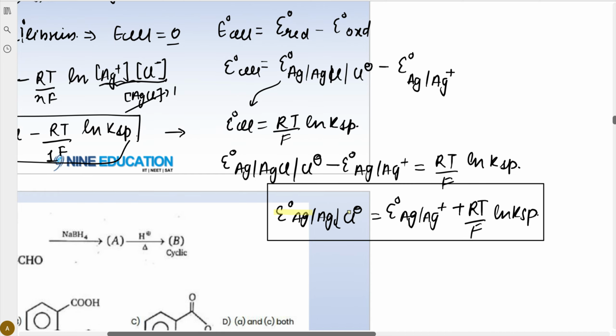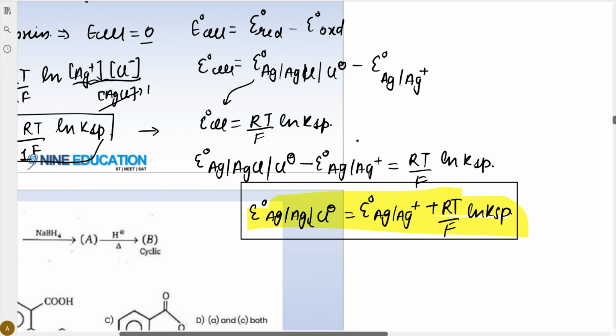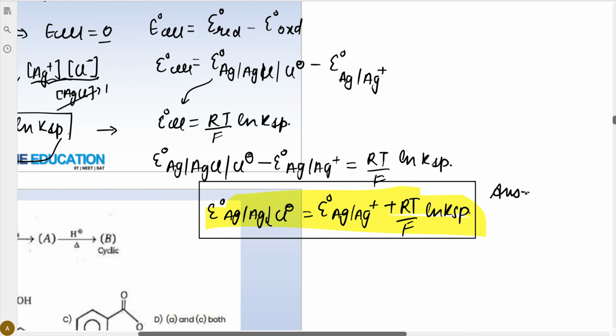So according to this, the answer should be this, correct. And this is given in option B. So you make this correction in the question paper only. This should be the answer.